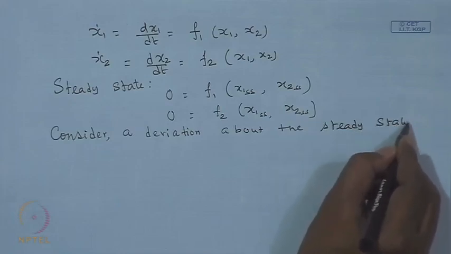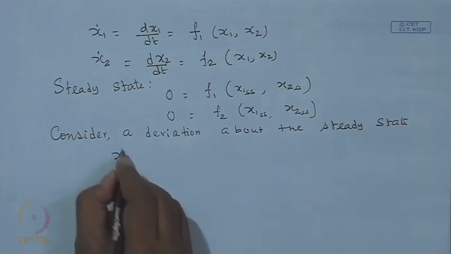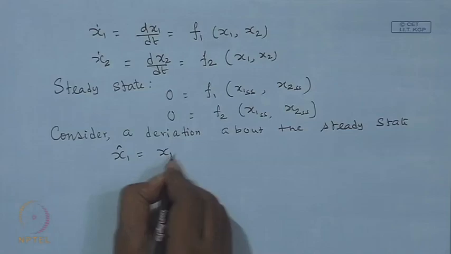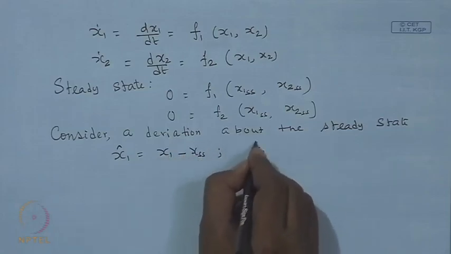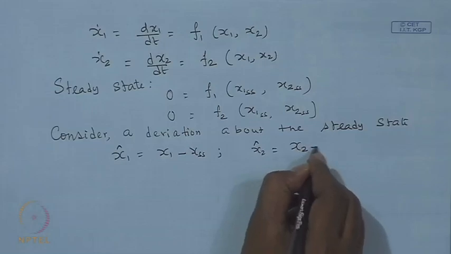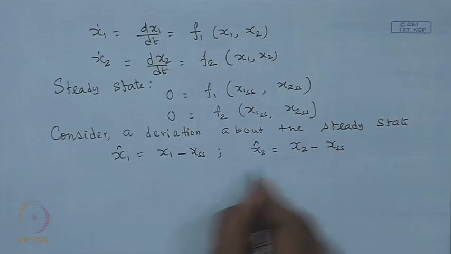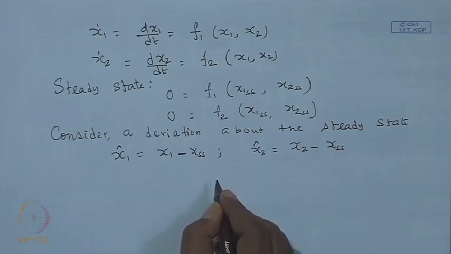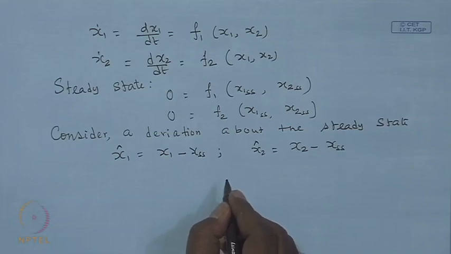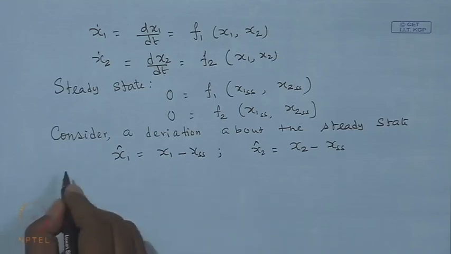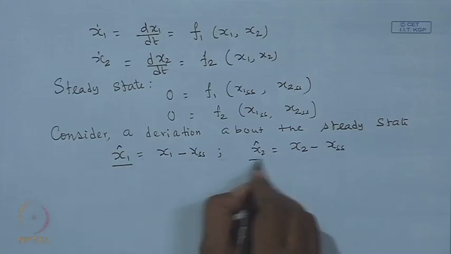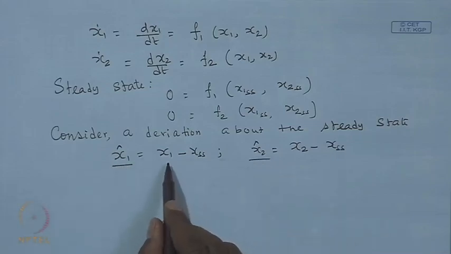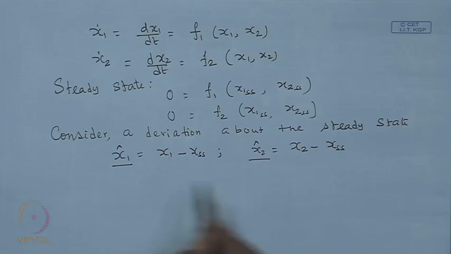These deviations are x1 hat, which is nothing but x1 minus x1ss, and x2 hat, which is x2 minus x2ss. Now, what we are going to do is examine the dynamics of the deviation variables. These are called the deviation variables of the two independent variables x1 and x2.